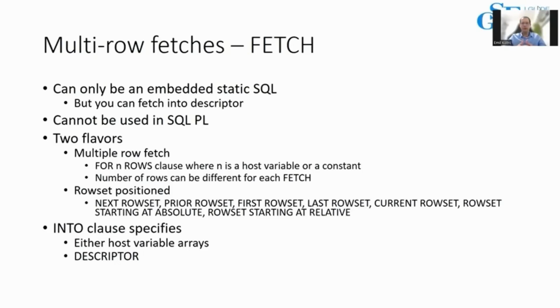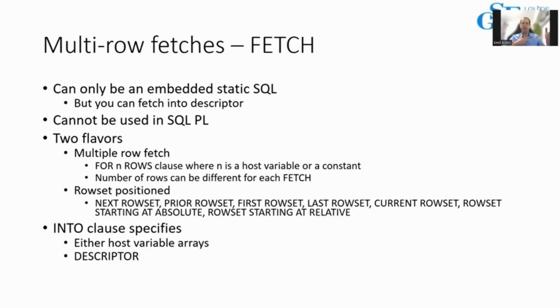Now, you have two flavors of the fetches. You can have this multi-row fetch where you just fetch the next row set, right? You specify for n rows, and you fetch that number of rows. The number of rows can be different for each fetch, by the way, so your application can vary that. Or you might also have the row set positioning.